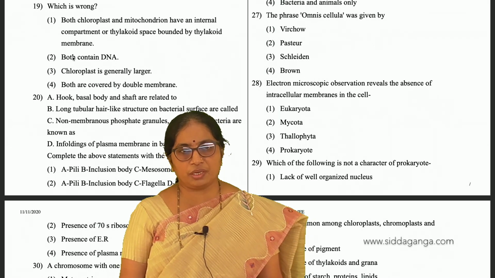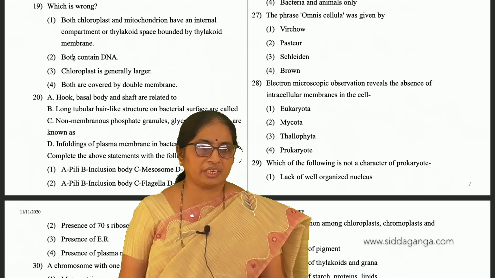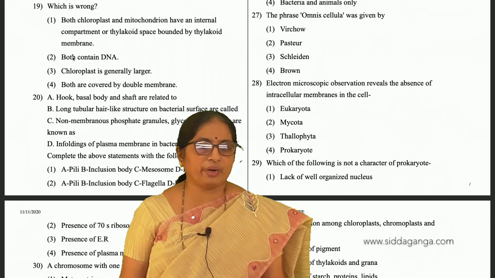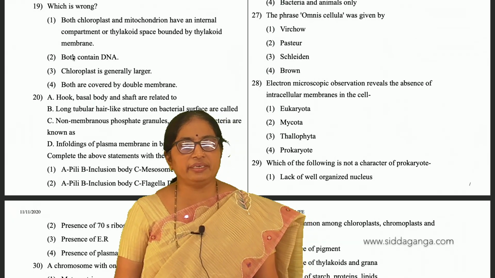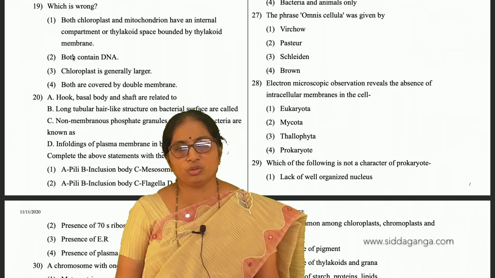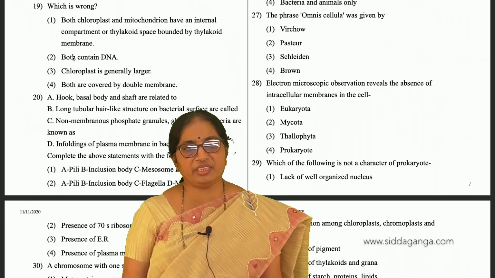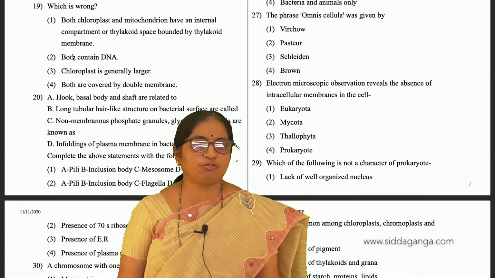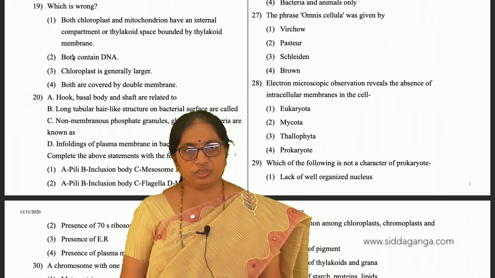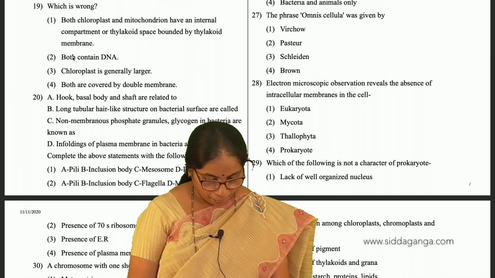Of course, chloroplasts are convex-like structures which are larger when compared to mitochondrion, the rod-like structures, and both are covered by double membrane. Of course, both have double membrane, the outer membrane and an inner membrane, and between them there is a space also. So the second, third and fourth are right statements. The first statement is wrong. Therefore, the right answer is 1. Next question.